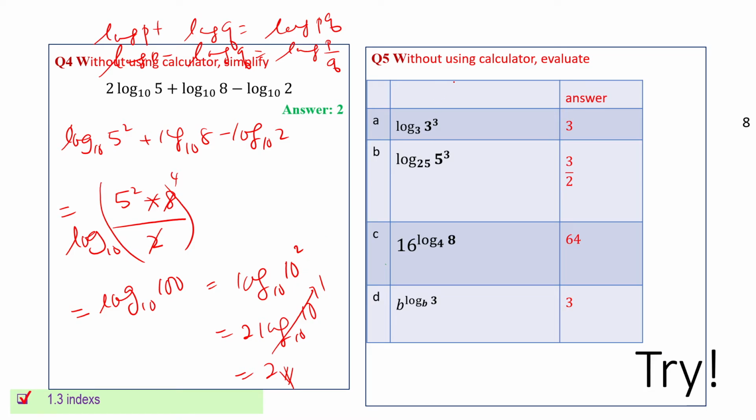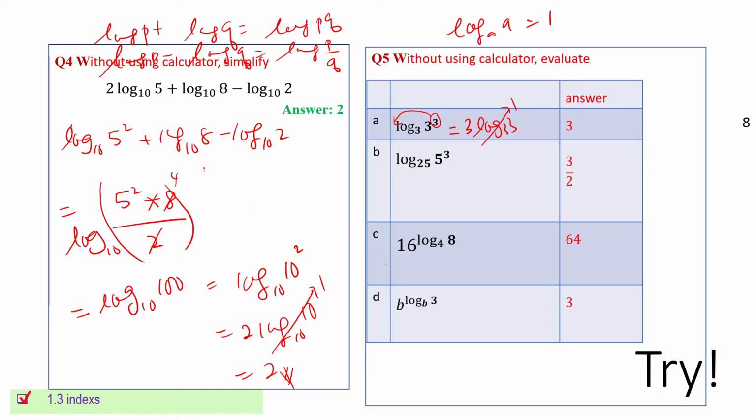Okay, now without using a calculator, as I said just now, log a base a equals 1, and the power in a logarithm, we can always bring to the front. So I have a 3, log 3, so this one is 1, so I have a 3. Okay, now this is base 25, this is 5. One way that is easier is you can change it to base 25 or you can change it to base 5.